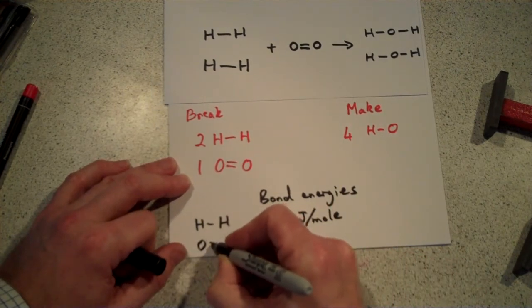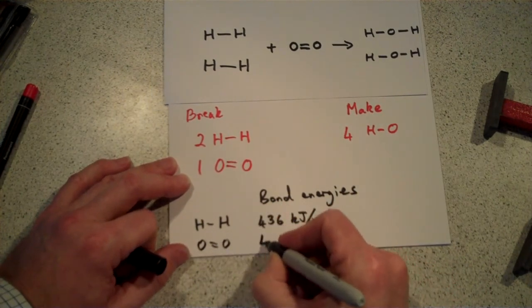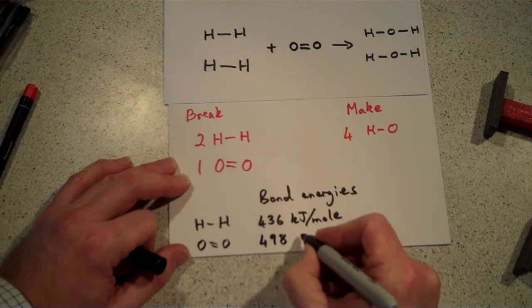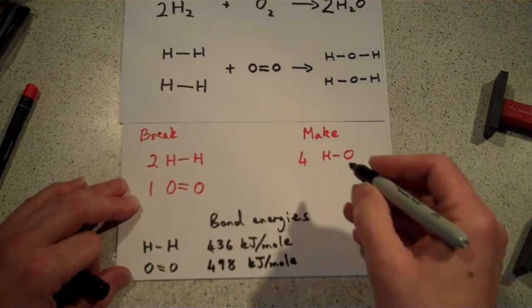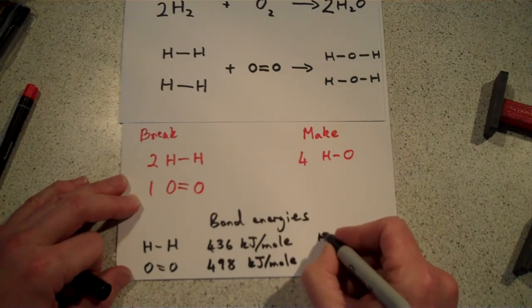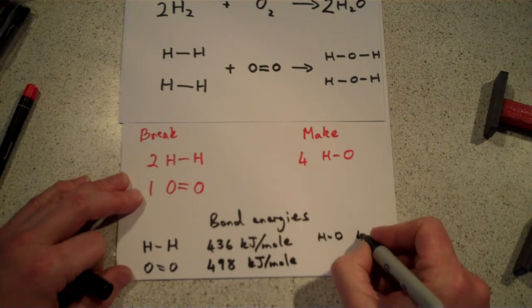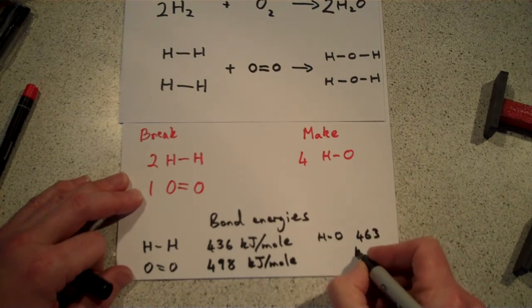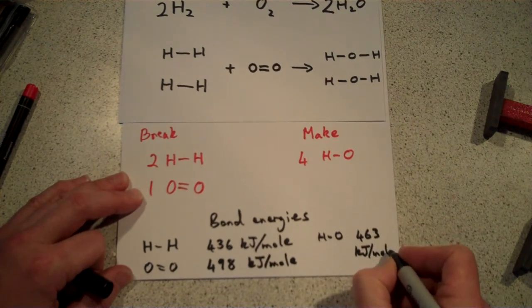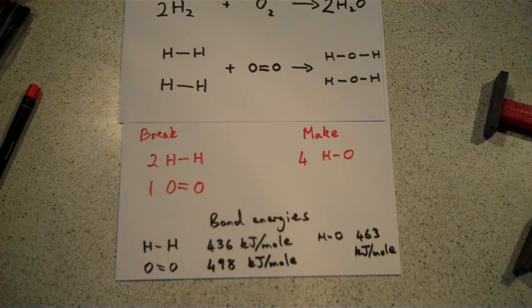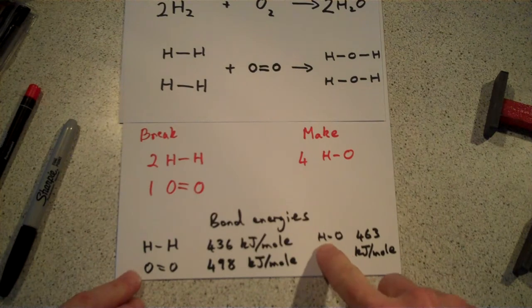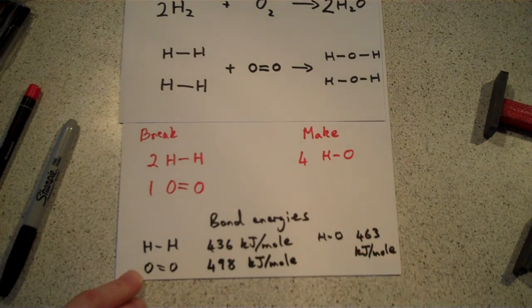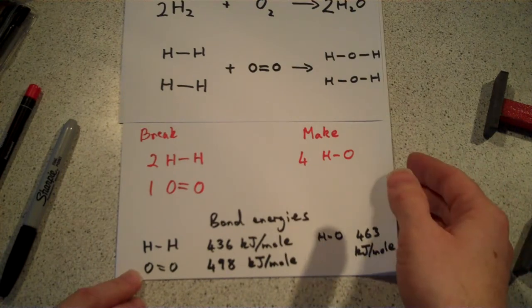The oxygen double bond takes 498 kilojoules to break. And the O-H bond takes 463 kilojoules to break a mole of it. But we're not breaking a mole of that, we're making a mole of that. So that energy is going to be coming out rather than going in.